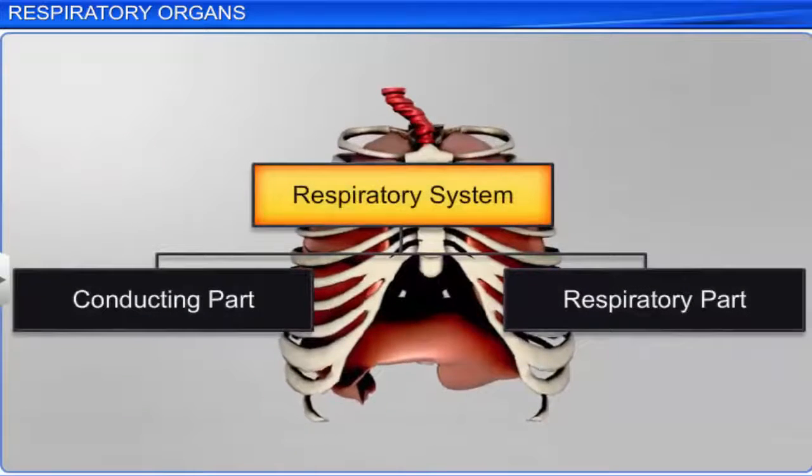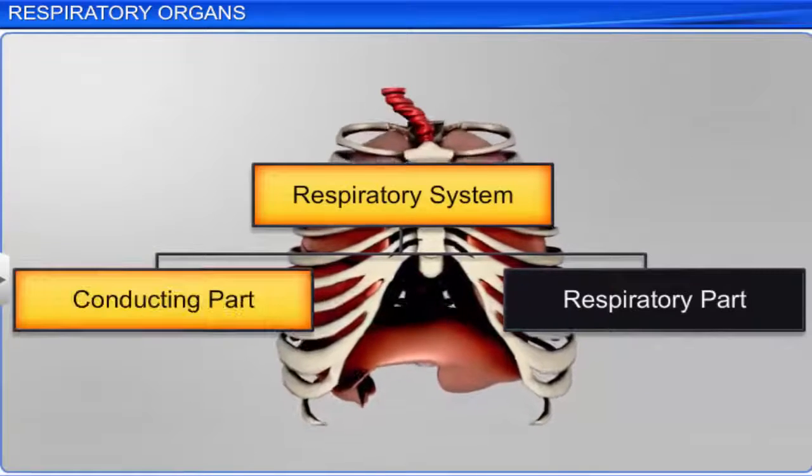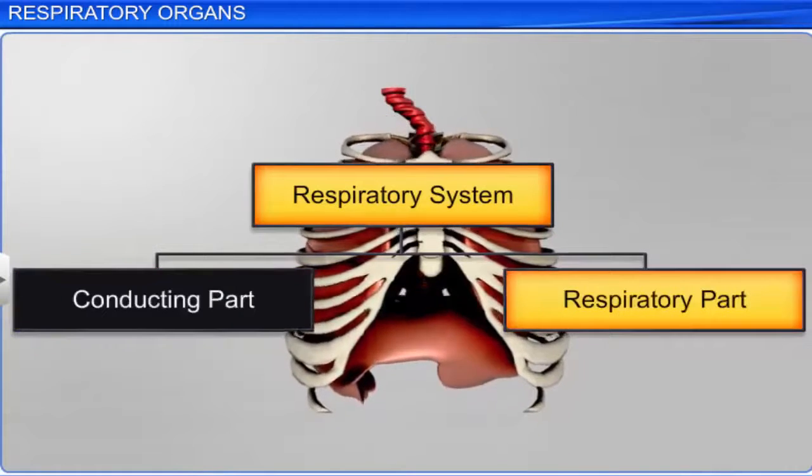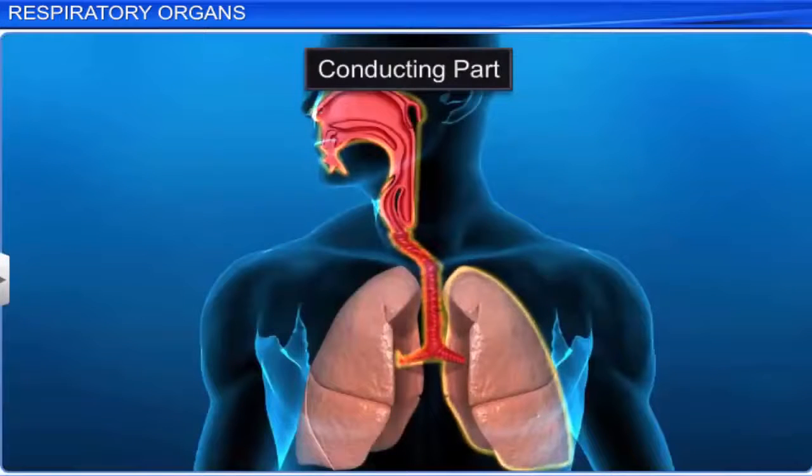Based on function, the respiratory system is divided into 2 parts, the conducting part and the respiratory part. The conducting part spreads from the external nostrils to the terminal bronchioles.